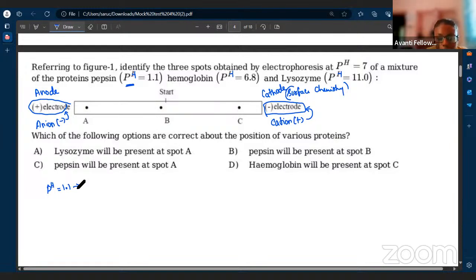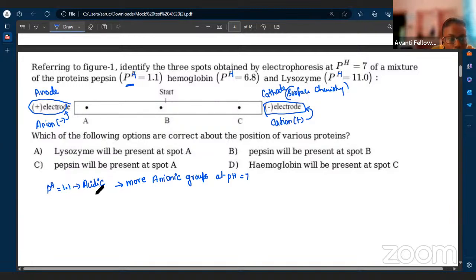So it has more anionic groups, and therefore it will migrate to the positive electrode.